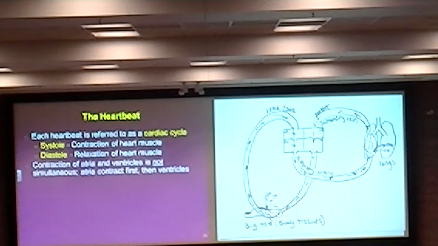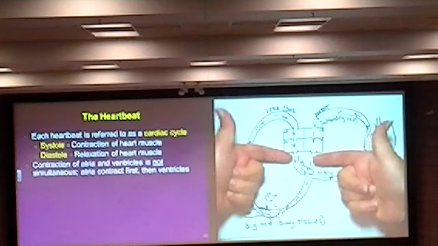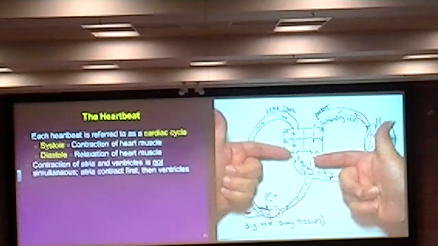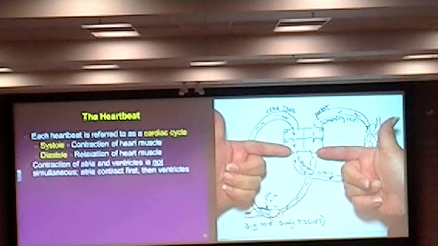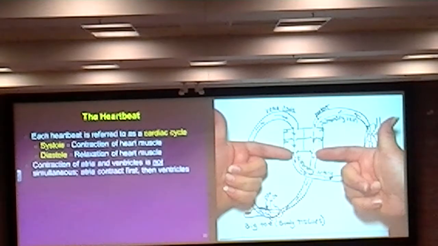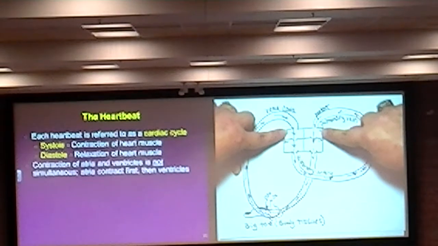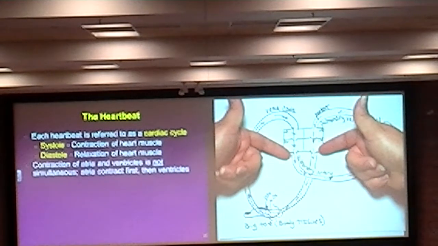So the contraction of the atria, the entranceways to the heart, isn't simultaneous with the contraction of the ventricles, the exits to the heart. The atria contract first, followed a split second later, just a couple tenths of a second, by the ventricles. The reason for that is the atria have to squeeze first and squeeze blood into the ventricles.